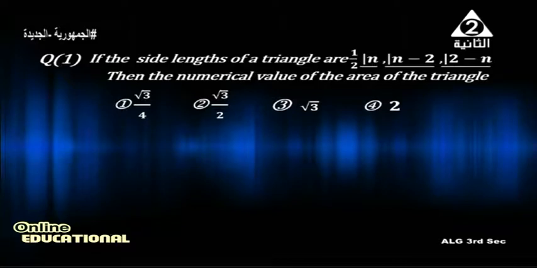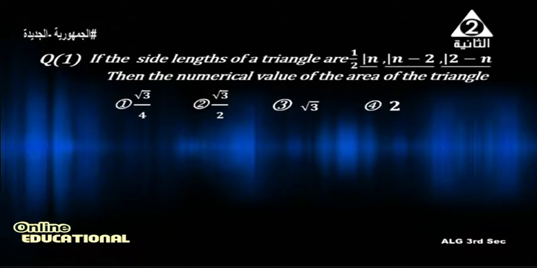You know, in any triangle, the sum of two sides is more than the third side. And we also know there is no side equal to 0. The side lengths are more than 0. If we choose n equals 2, the sides become 1 over 2 factorial 2.